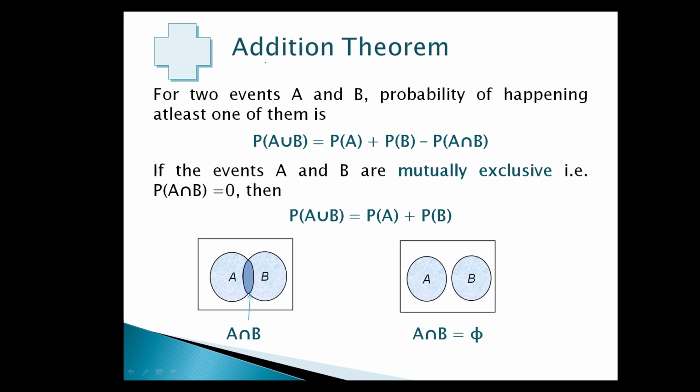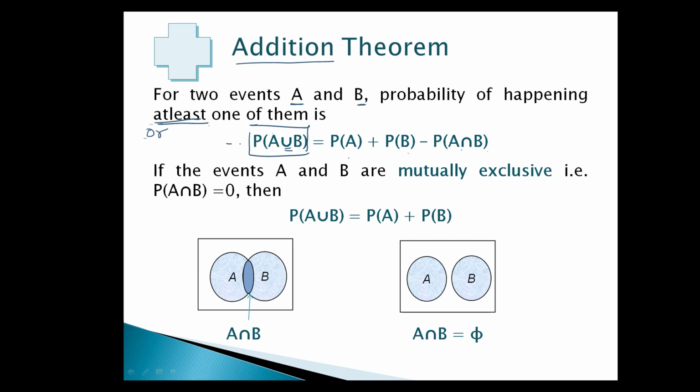Formally, this is the addition theorem of probability: for two events A and B, the probability of happening at least one of them, which we denote by P(A union B), is P(A) plus P(B) minus P(A intersection B). So we have just derived this equation, and we have also discussed that when we see words like at least, or either this or this, then we need to apply this, because union itself represents at least one of the events happening.